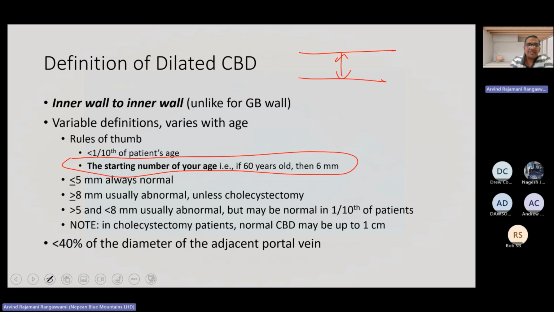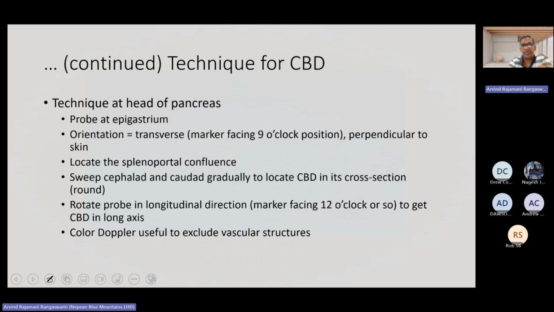Typically, if it's less than 5, it's normal. Okay, and if it's more than 9 or 10 millimeters or so, it is typically abnormal. Although in cholecystectomy patients, you can have a compensatory dilation of the CBD, which is physiological. So if you have an 80-year-old, you can have it up to 8 millimeters or so. So this is a nice thing to remember, the starting number of your age.